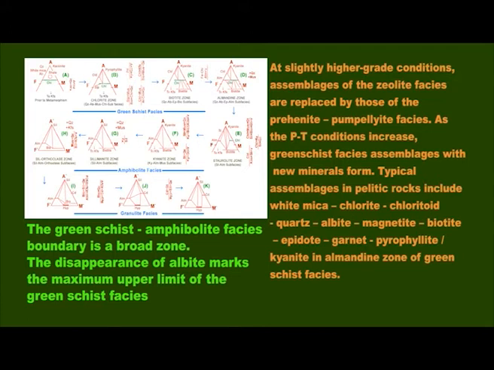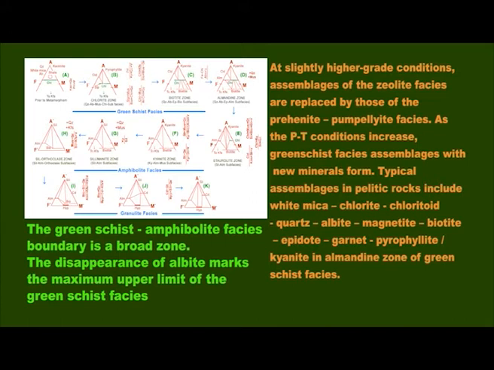As the PT conditions increase, greenschist facies assemblages with new minerals form. Typical assemblages in pelitic rocks include white mica, that is phengite, chlorite, chloritoid, quartz, albite, magnetite, biotite, epidote, garnet, pyrophyllite, kyanite in the almandine zone of greenschist facies.